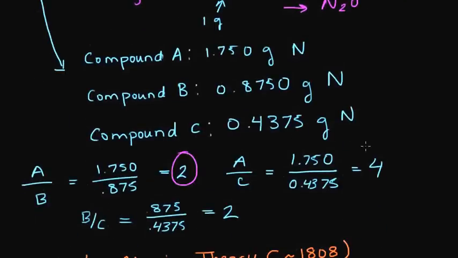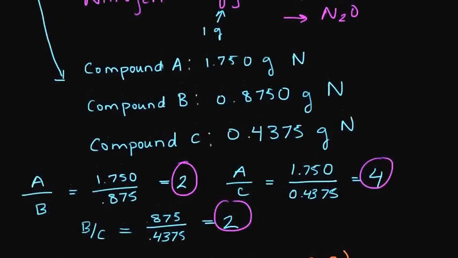We mean 2, 4, and 2. And so what this is saying is there's exactly twice the amount of nitrogen in A compared to B. There's exactly 4 times the amount of nitrogen in A compared to C. There isn't 1.8749 times the amount of nitrogen in A compared to B, etc., etc. We always get these nice, easy to work with numbers.